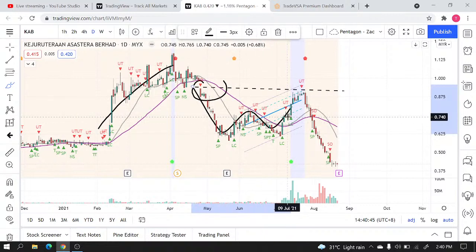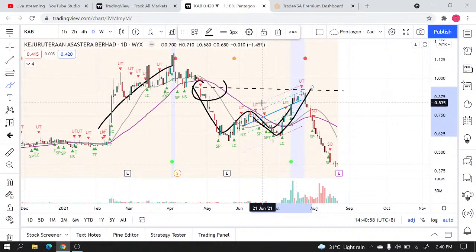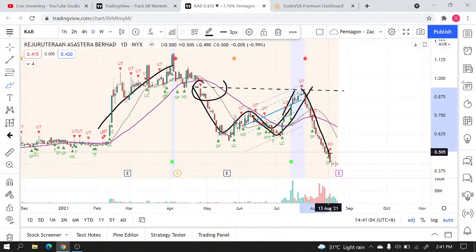During reversal, it's very important to have a very healthy reversal pullback. If the recovery is too fast, like in this case over here, some people call it a recovery lah, usually it will have another round of distribution.